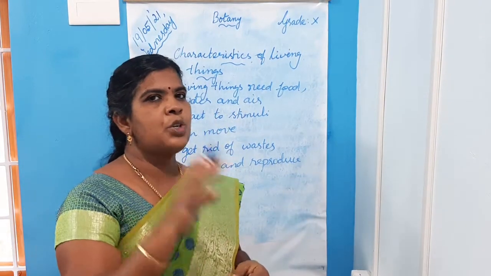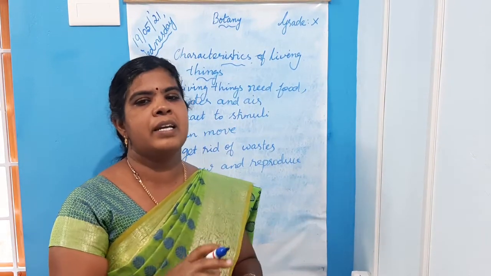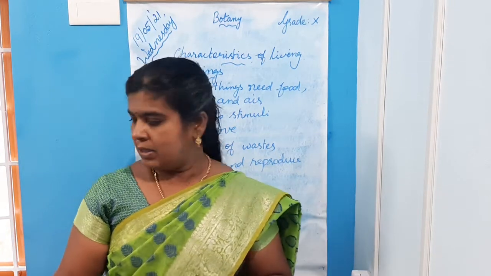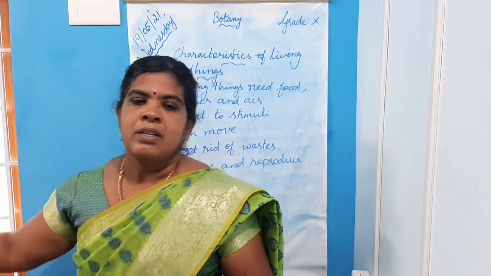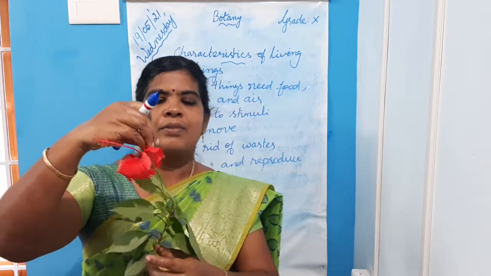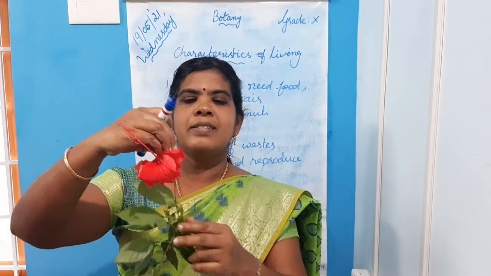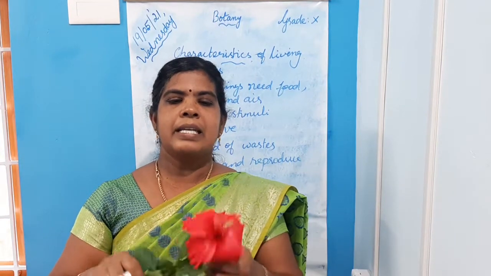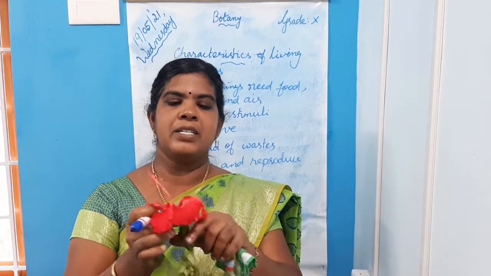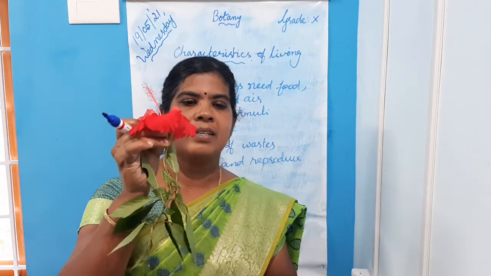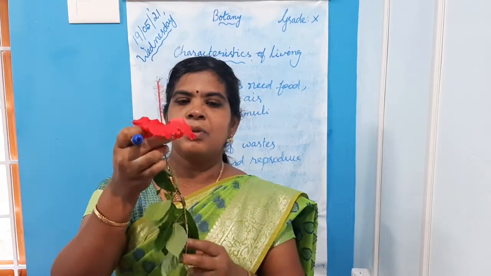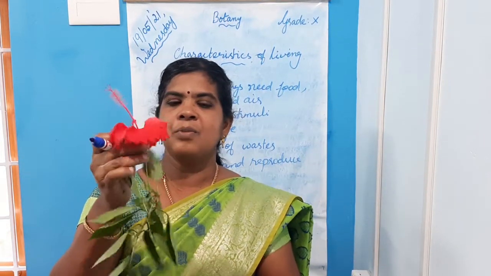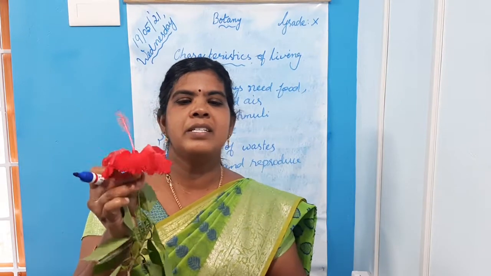Now you must know the parts of a typical flower. So listen. Here this is a flower. A flower is a modified shoot with limited growth.